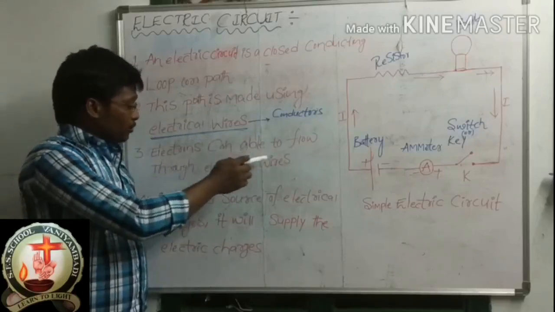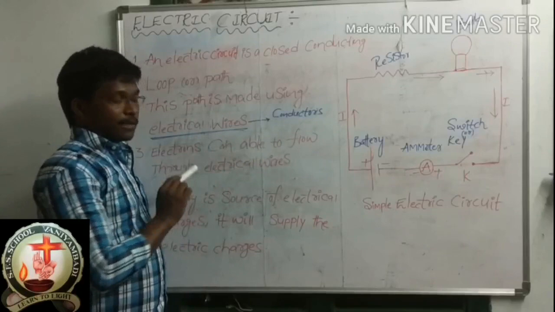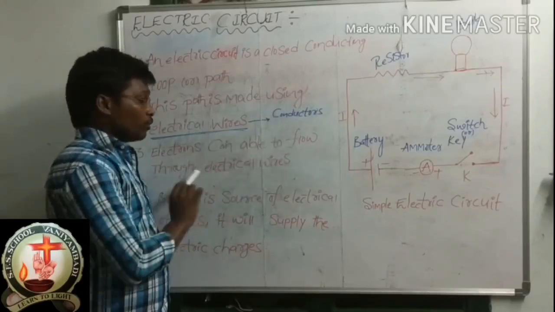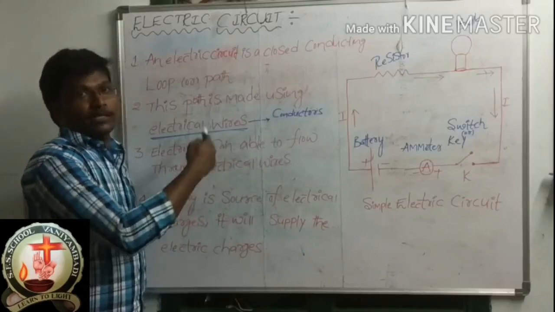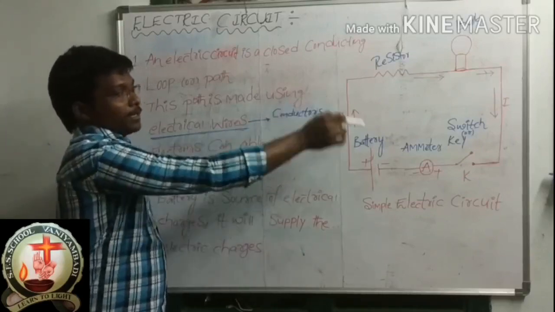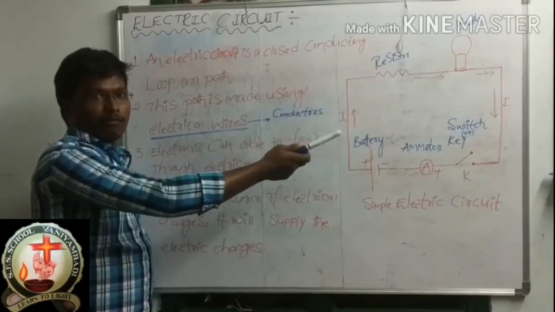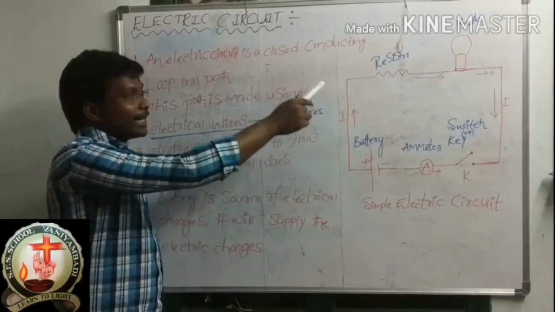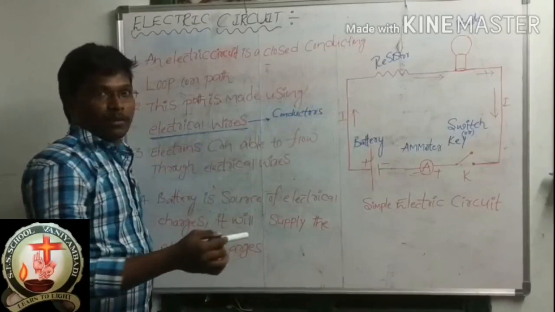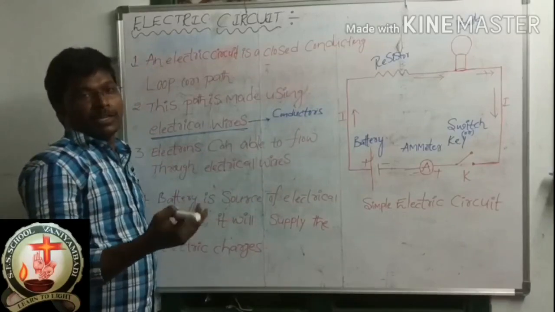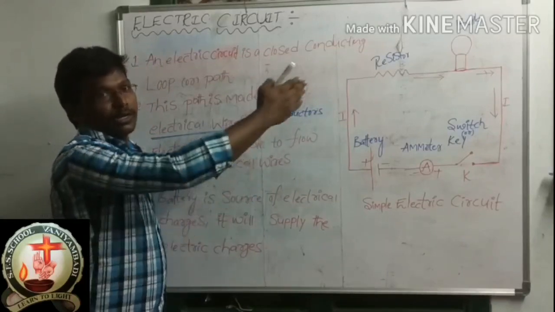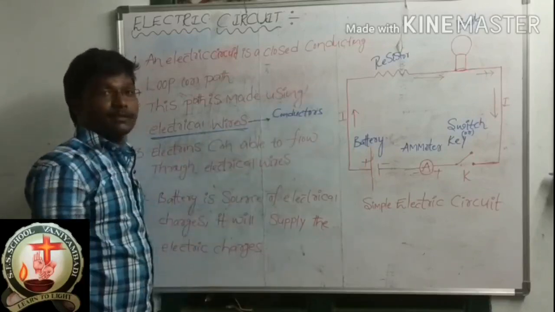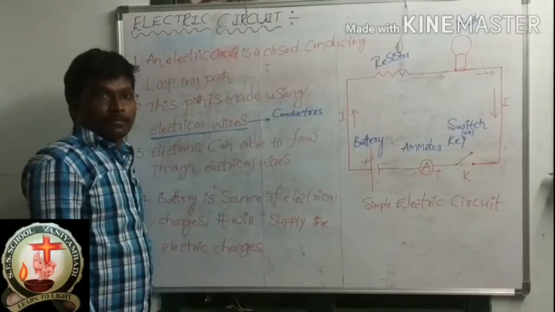Electrons can flow through electrical wires. So what is the use of the electrical wires? Actually, electrons will flow through them. Why can the electrons flow through the wires? Because the wires are examples of conductors.